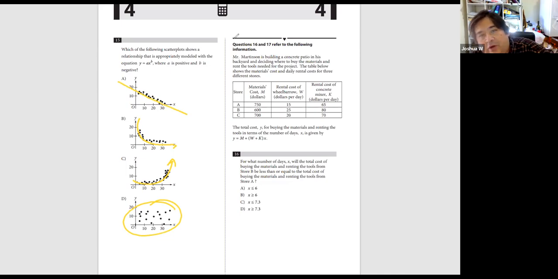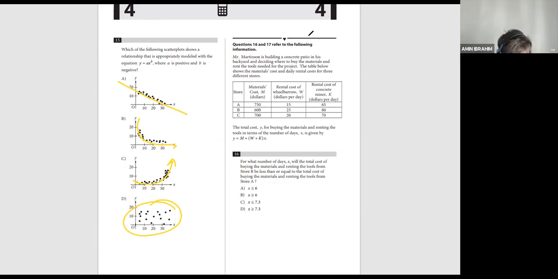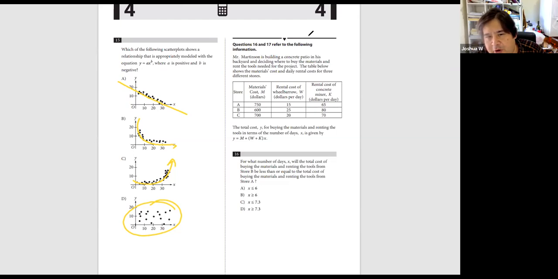So if I were to mathematically model the collected data, say Amin is a park ranger and he lives in a cabin and collects data in the wilderness of anything: the birds, the flow of the water, the air temperature, the air quality, right? Some of it might be linear, y equals mx plus b.